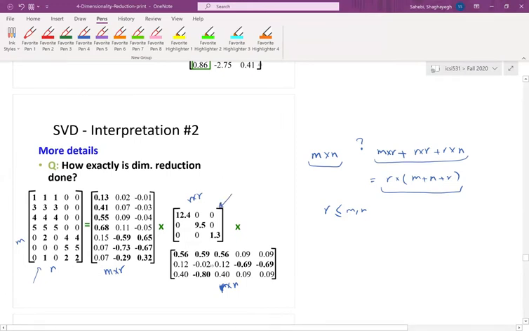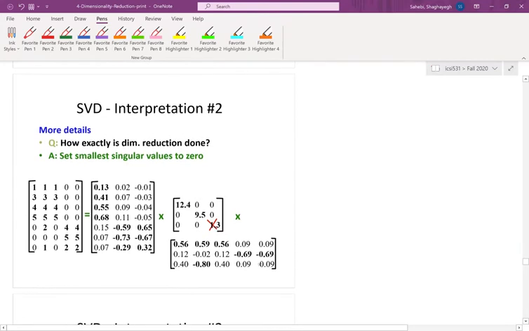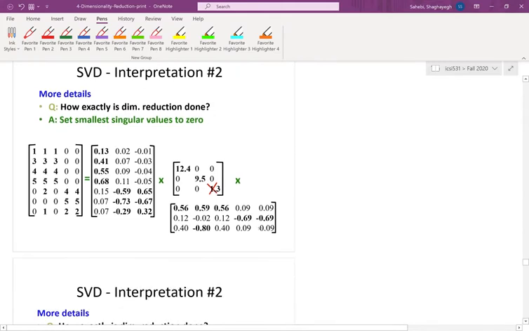So we said the singular values are the importance of each concept in our data set. Also, they are ordered from the largest to smallest. So sometimes when we want to make our data even smaller, we can just remove or drop the singular values that are too small, or set the smallest ones to 0.